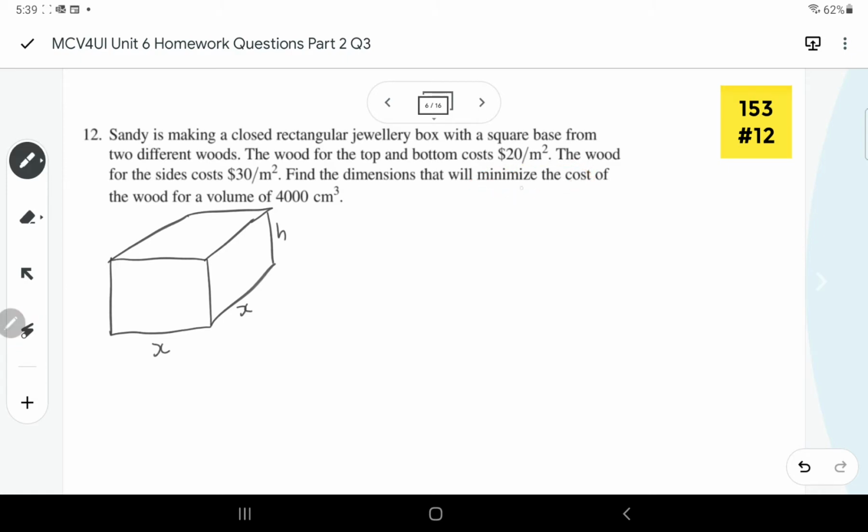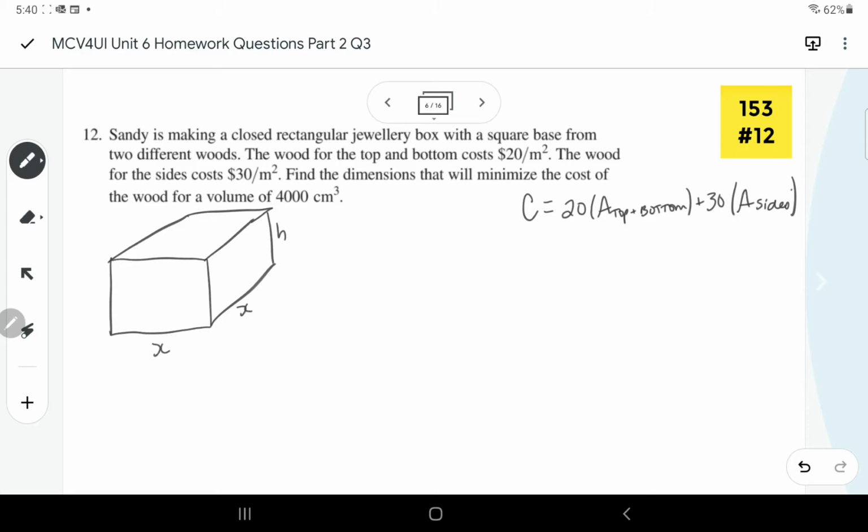So remember, we always want to come up with the function for this, even if it's in terms of a lot of variables, like more variables than we have, that's okay. So we want to have a minimum cost. So I might even just kind of write this out as $20 times the area of top and bottom plus $30 times the area of the sides.